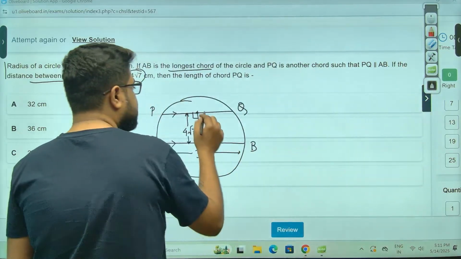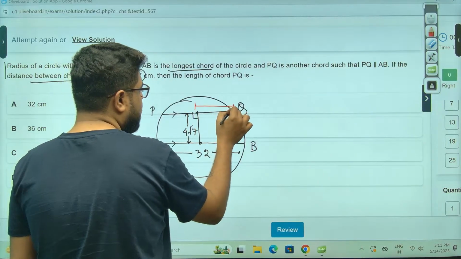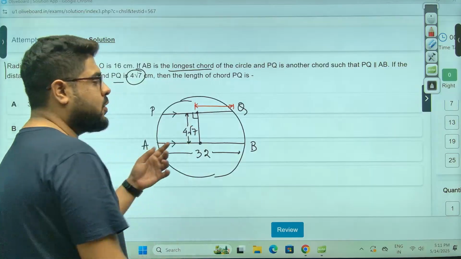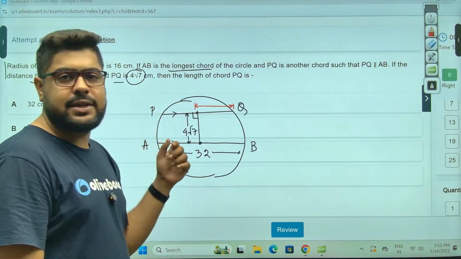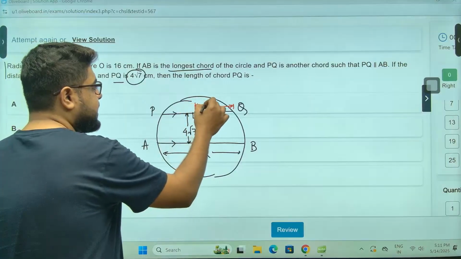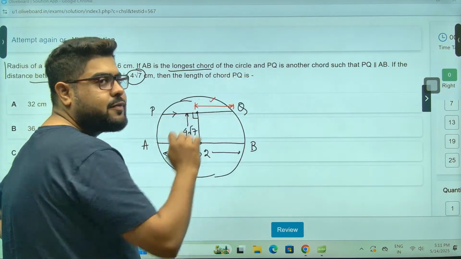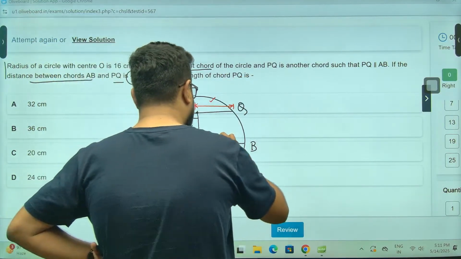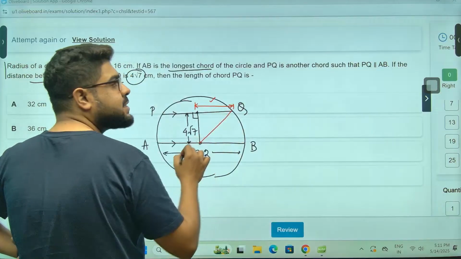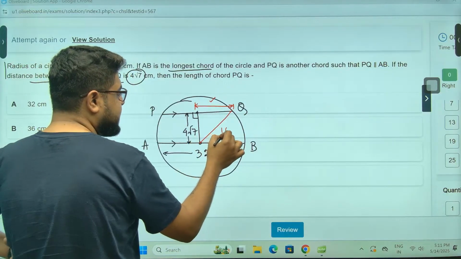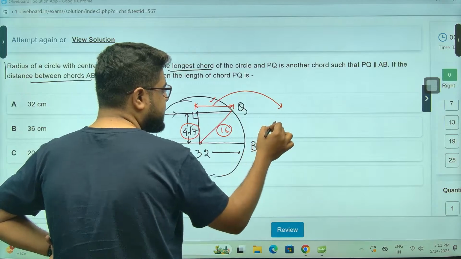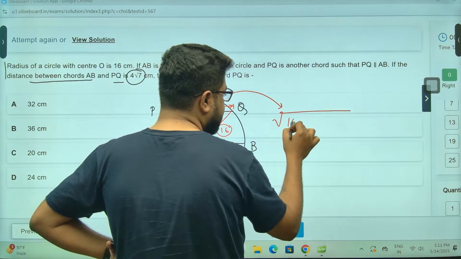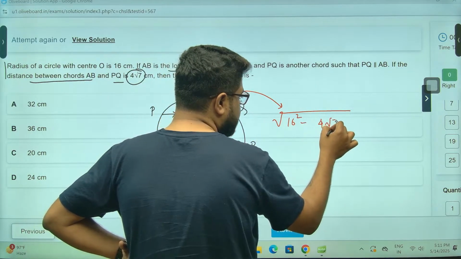So this is half. We all know if I drop a perpendicular on a chord from the center of a circle, it will always bisect it. So whatever this length is, the chord length will be double of that. Also, if I draw this, it is the radius, given as 16. So this will be root over of 16 square minus (4 root 7) whole square.